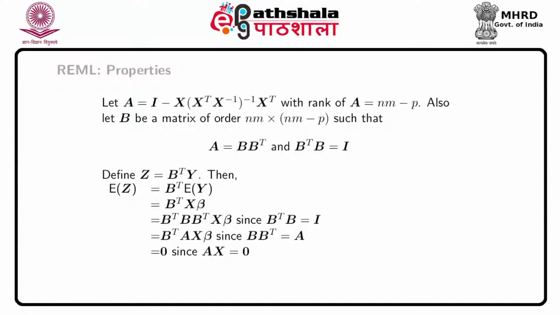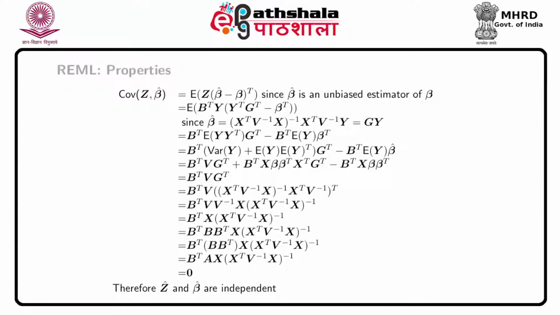Define Z equal to B transpose Y. If we do that, then the expectation of Z comes out to be 0 and the covariance of Z and beta hat is also 0. Here I am not giving the proof, but the proof is given in the accompanying document of this video. And the proof is essentially simple.